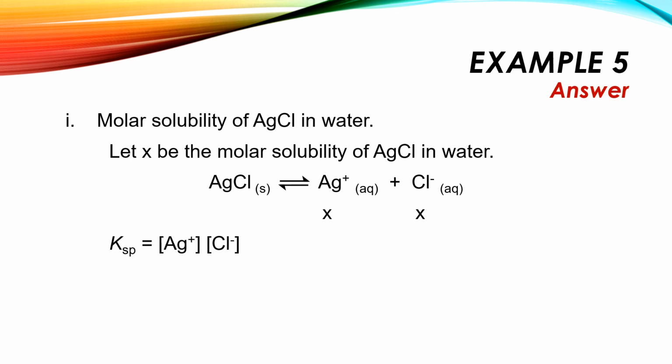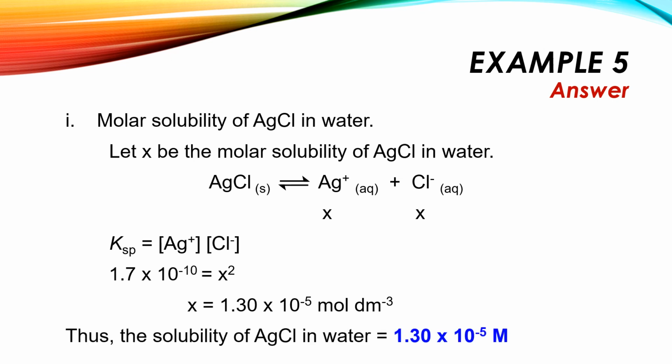Writing the Ksp expression for the reaction, we obtain the value of x as 1.30 × 10^-5. Thus, the solubility of silver chloride in water is 1.30 × 10^-5 molar.